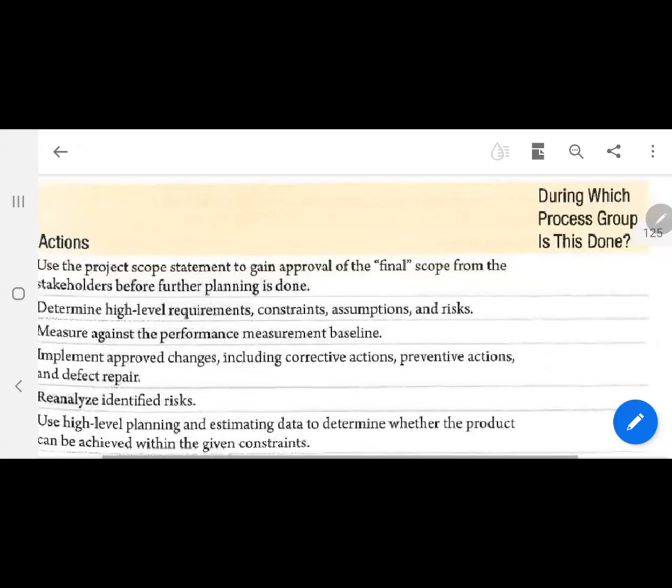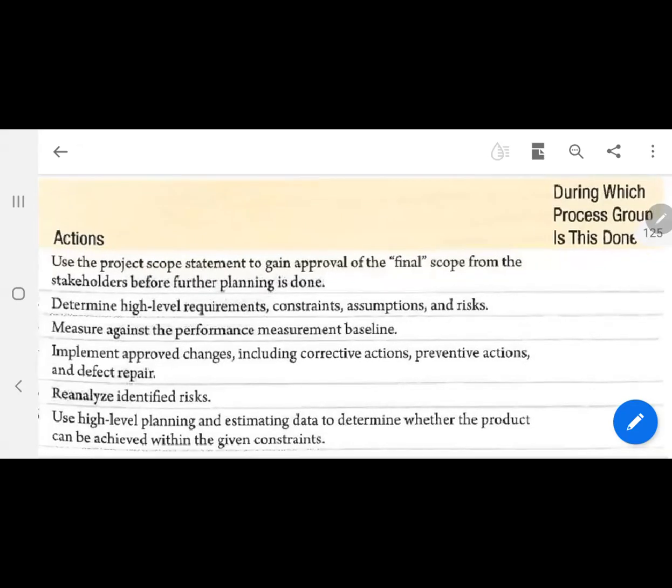Which process group are we dealing with? In which process group is this action taking place? Read it again. Use the project scope statement to gain approval of the final scope from the stakeholders before further planning is done.